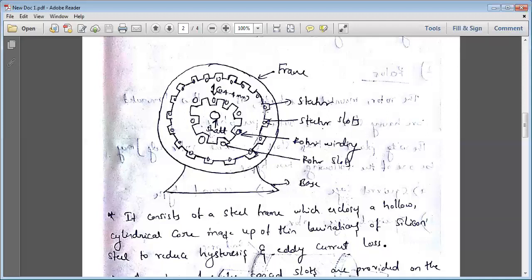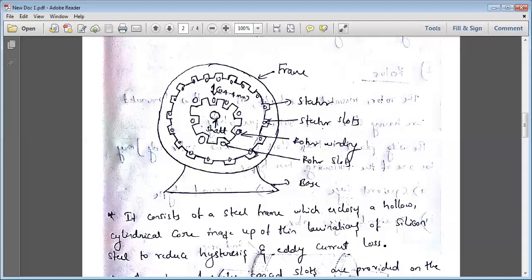So I have just explained the parts of the induction motor. The outermost part of the machine is the frame, which gives mechanical support to the machine. Then the stator winding, the number of stator slots, the stator conductors, and the air gap based on the capacity of the machine, and the rotor winding, rotor slots, rotor conductors, and the shaft of the machine.